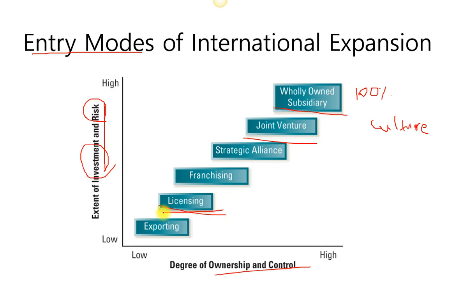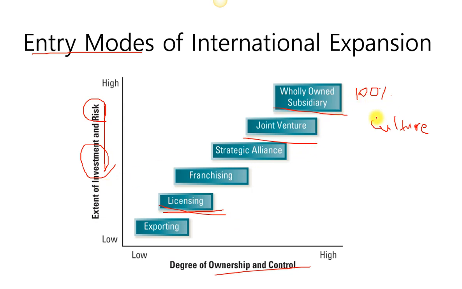Licensing is when you don't have a stake of ownership and control, and the investment is very low.